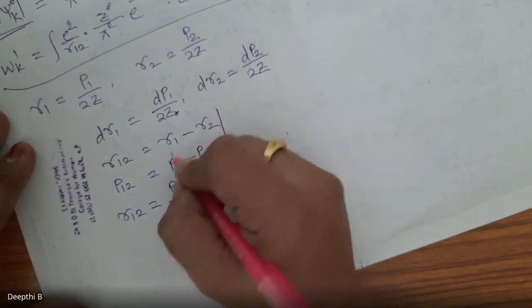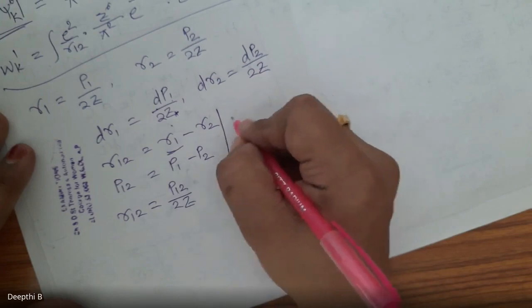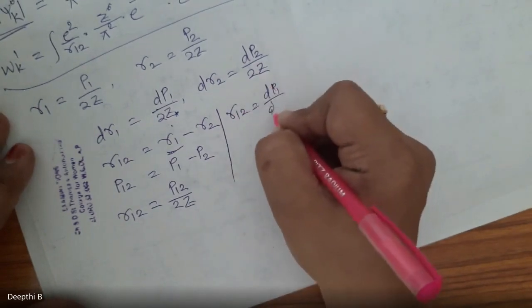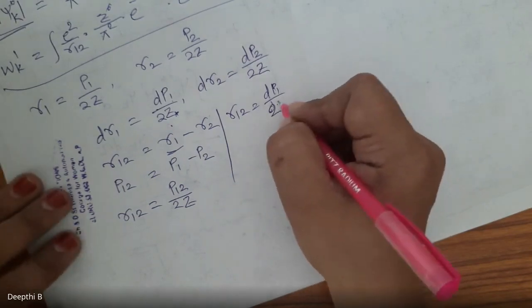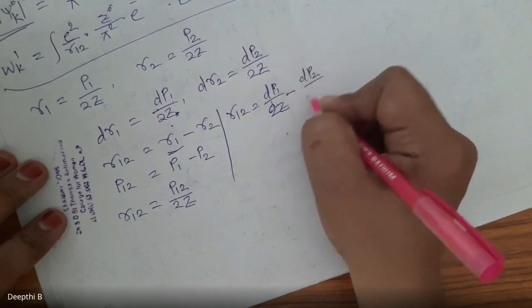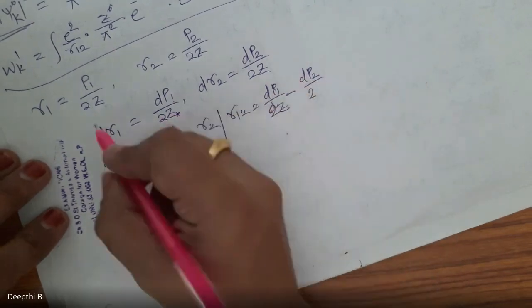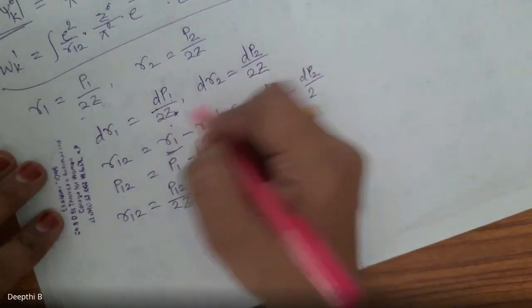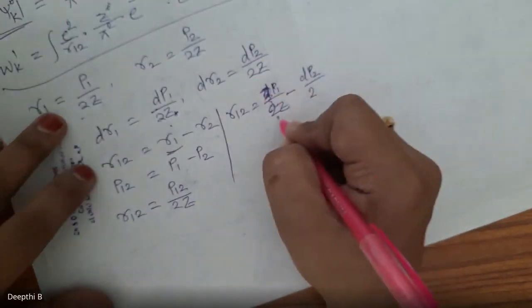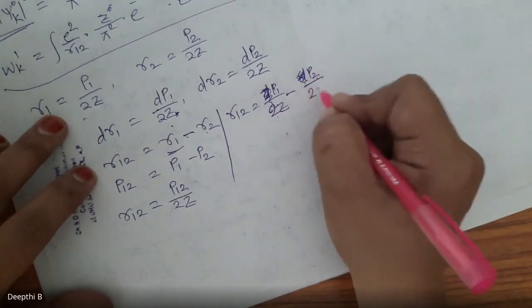See here, put the value of r1, which is p1 by 2Z, minus r2 value, which is p2 by 2Z.